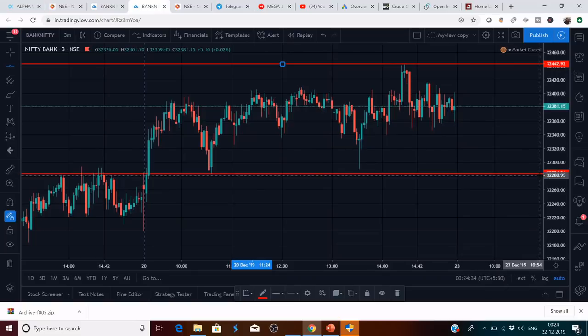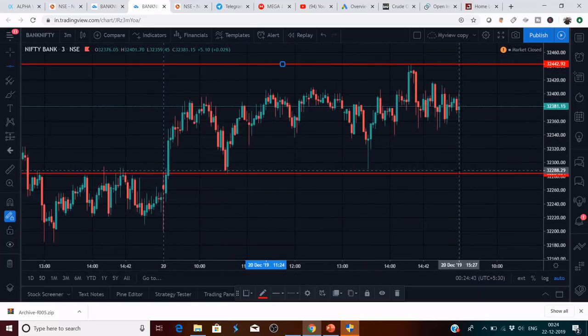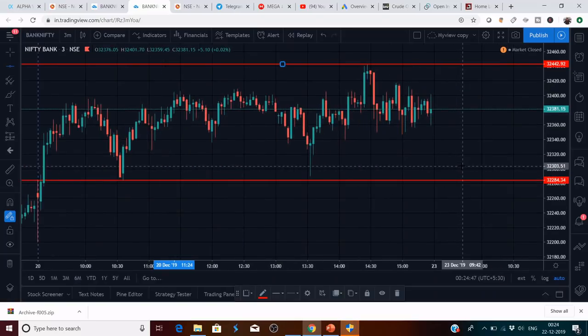We can look for a pullback, and on pullbacks we can start selling. So that's how we have to play, and it is very simple if you use only price action without putting much noise, much of any indicators, because indicators will keep confusing.